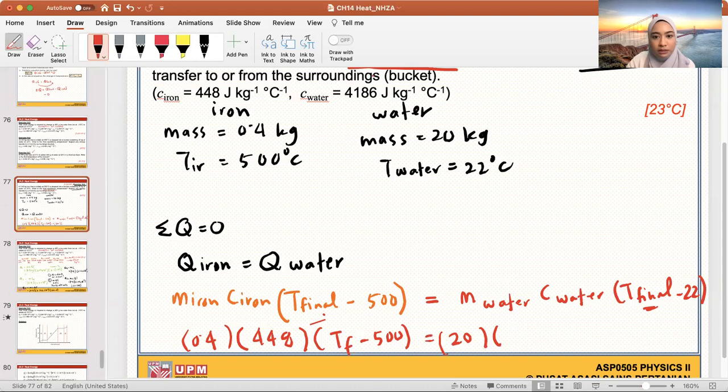C water is 4186. This is also joules per kilogram per Celsius, sama. So tak payah risau kat situ. Memang akan sama lah, unless dia nak bagi korang make the question complicated and change the units. But otherwise, it will always be joules per kilogram per Celsius. Selalunya dia tak tukar lah. Okay, jangan panik. So T final minus 22.